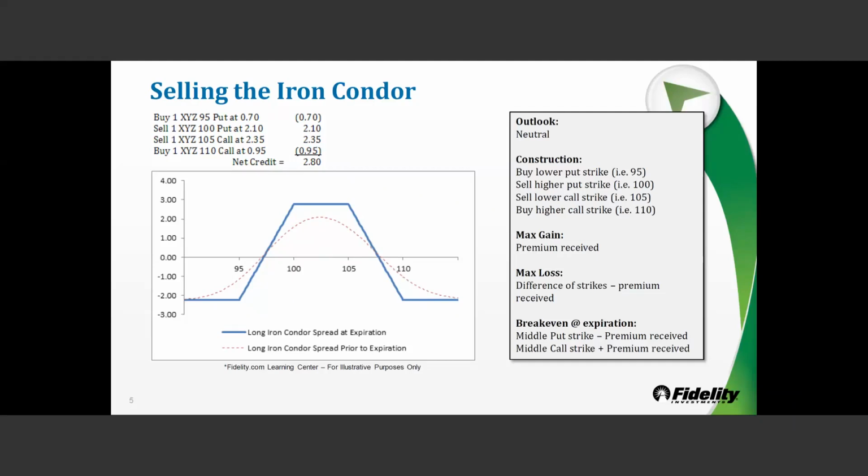You think it is going to stay there, then you go and sell an iron condor. Your risk in the trade is that if by that time the price drops below 95 or goes above 110, you're going to lose the $2.20. That is the basic iron condor.